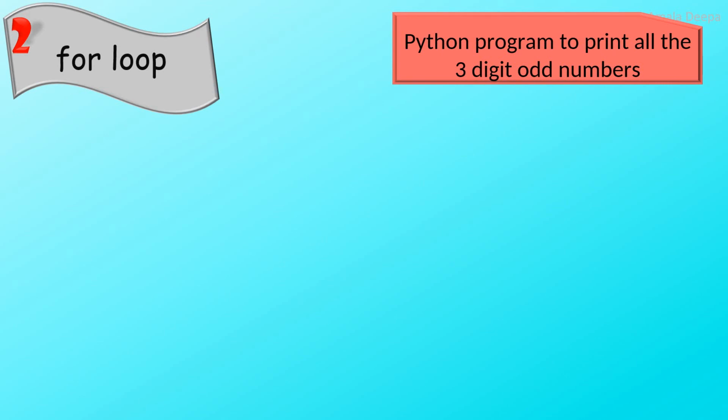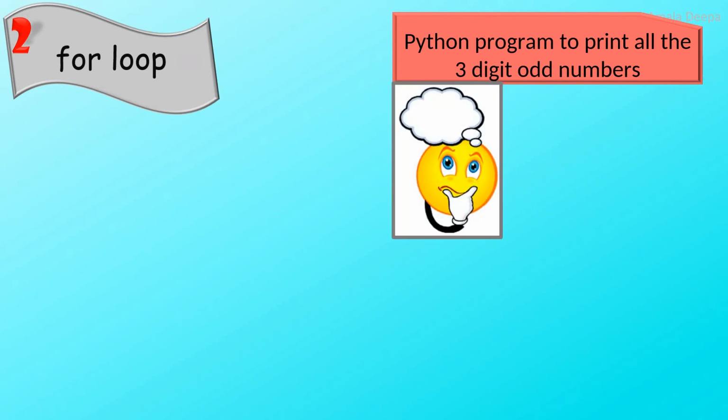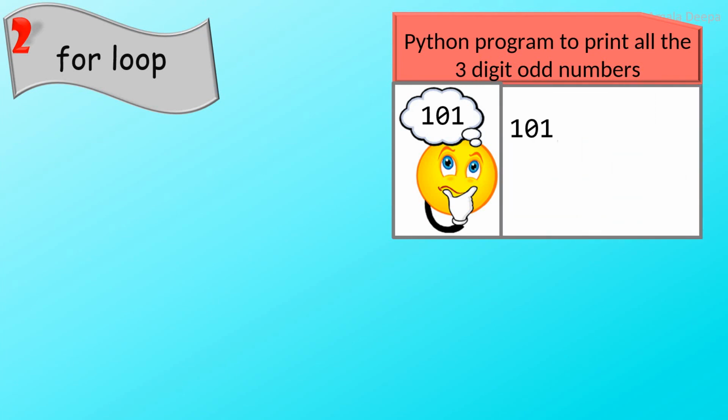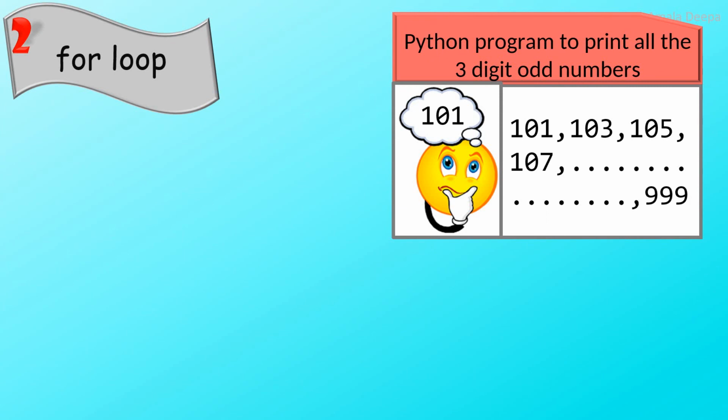Which is the first 3-digit odd number? It is 101. The next number is 103. Then 105, 107, and so on. The last 3-digit odd number is 999.